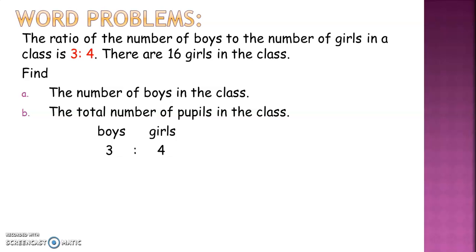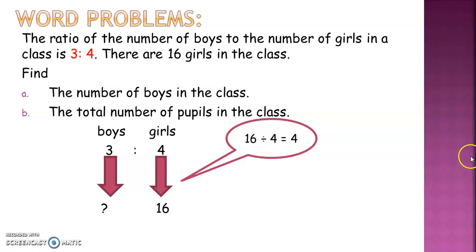So this is a ratio of boys to girls, and you know the number of girls only, but you don't know how many boys there are. So one ratio is given to you, and this ratio will tell you how you can find the number of boys in the class.